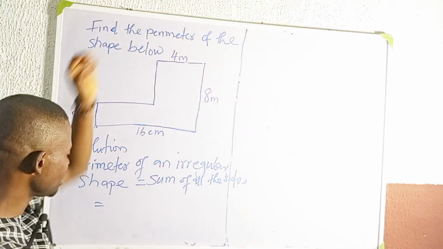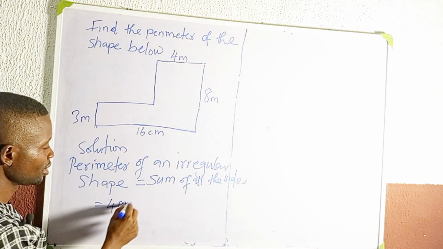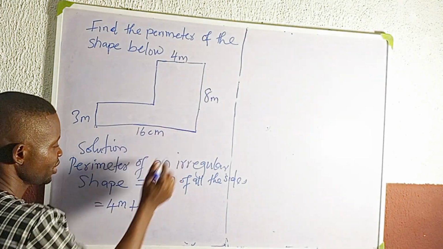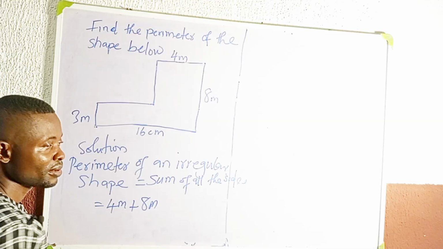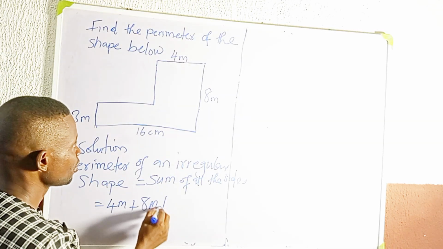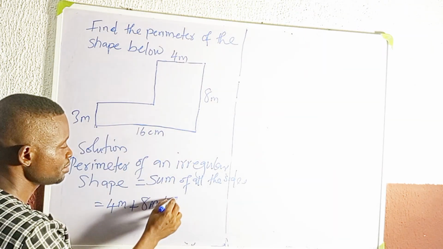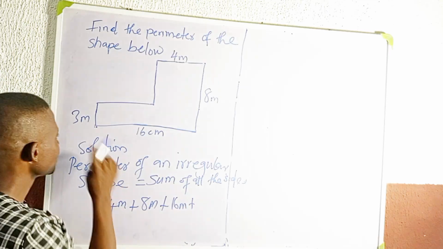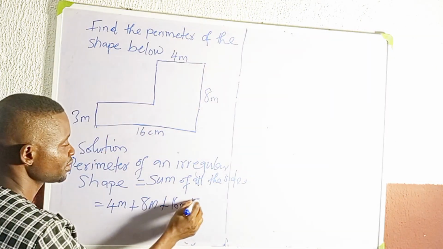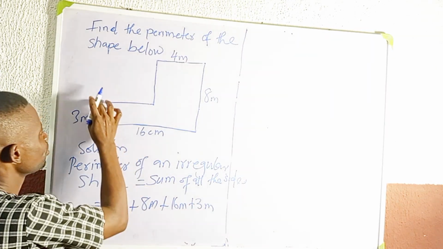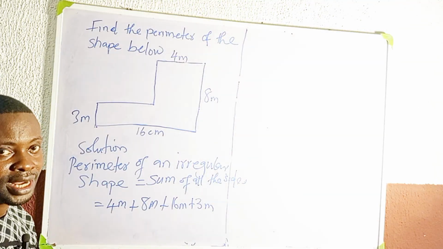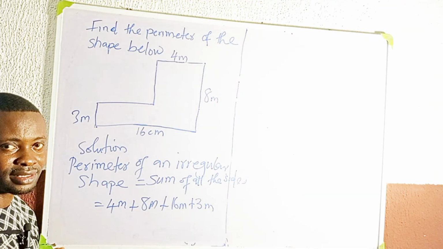So in this case, we may start here. This length from here to here is given us 4 meters, plus from here to here is given us 8 meters, plus from here to here is given us 16 meters, plus here to here is given us 3 meters. From here to here is not given, and that is where the real test lies.